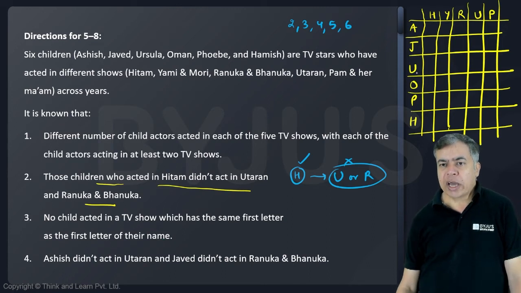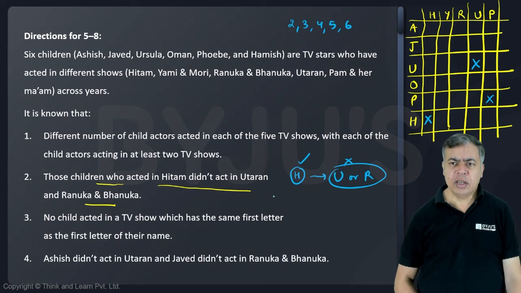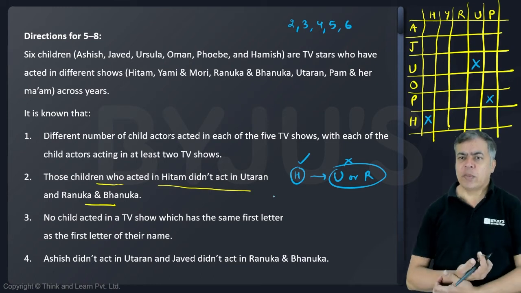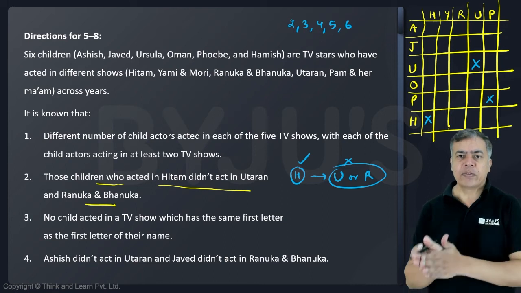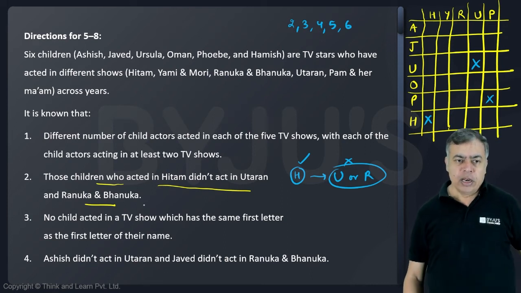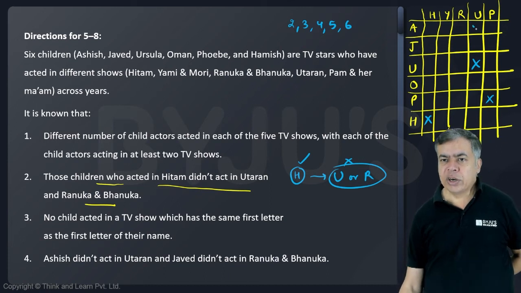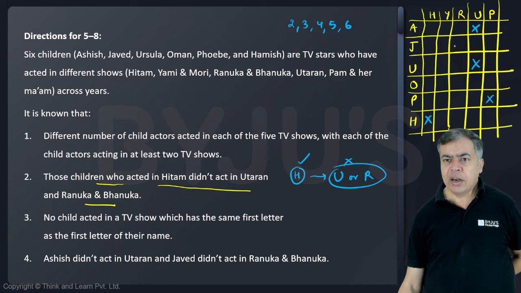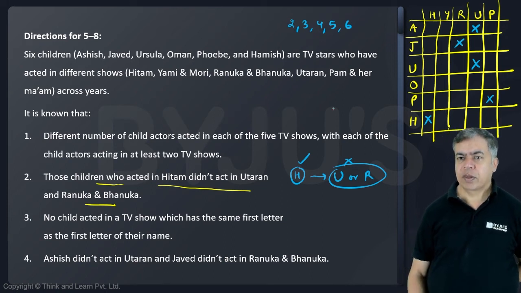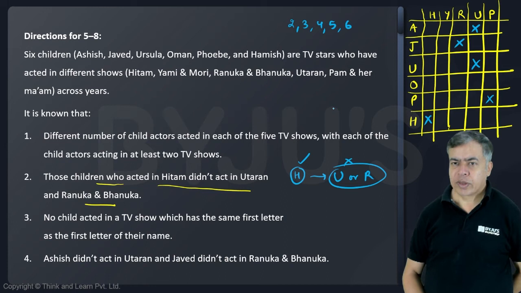So U cannot act in U, P cannot act in P, H cannot act in H. These were the common first letters of the name and the show. Now, Ashish did not act in U and Javed did not act in R. So these were given.